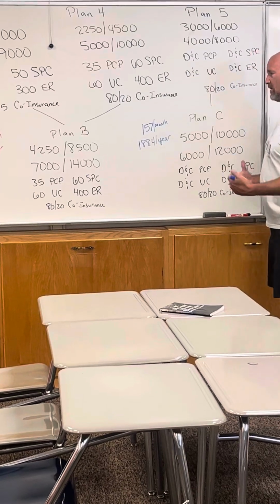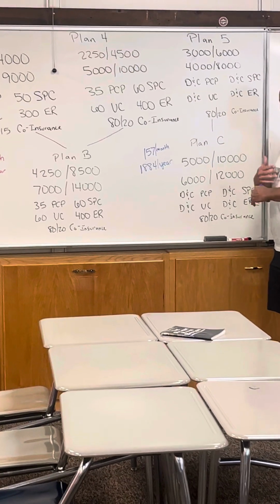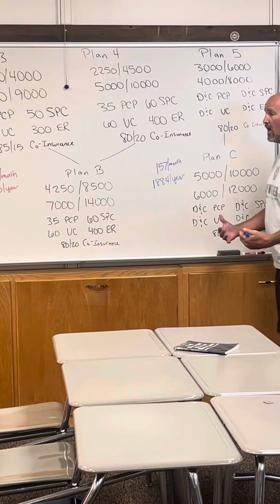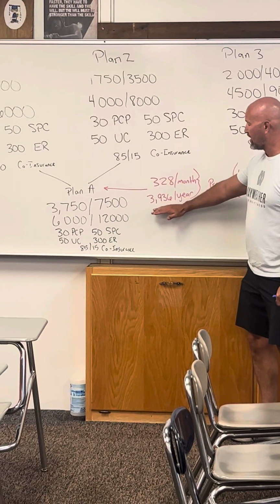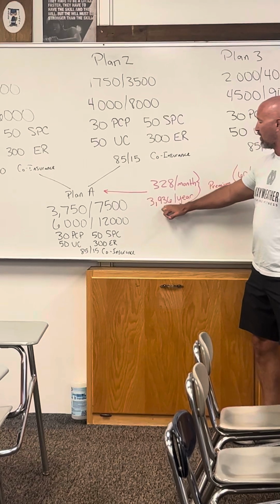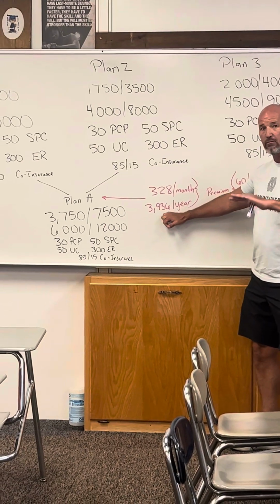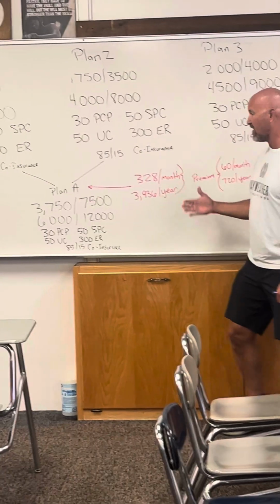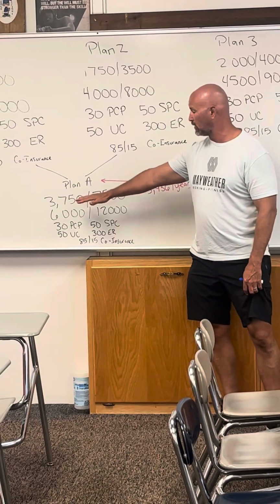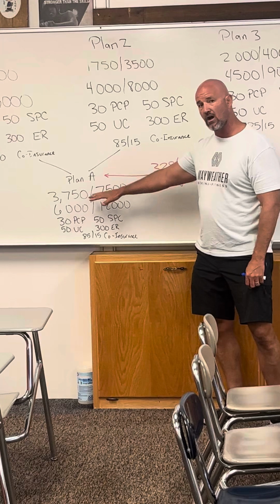The way I calculate this, I can't comprehend why you would choose Plan A, because you're going to spend $3,936 just in premiums for this plan here, okay? And then you're still going to have to meet a deductible of $3,750.